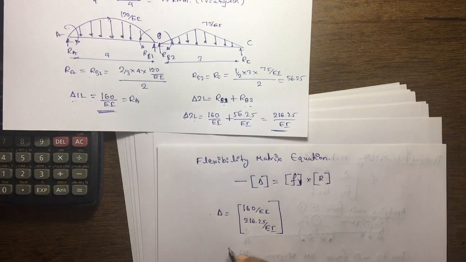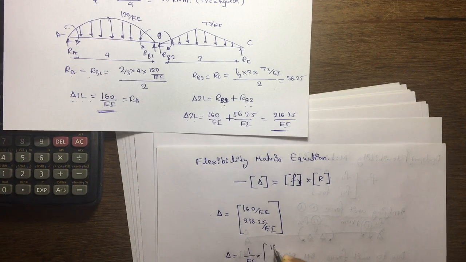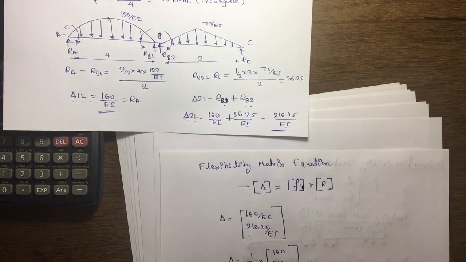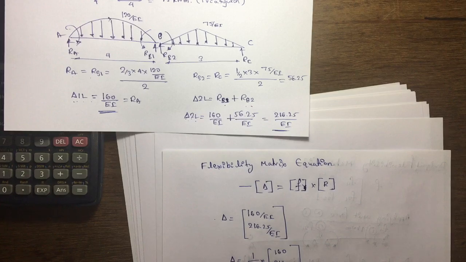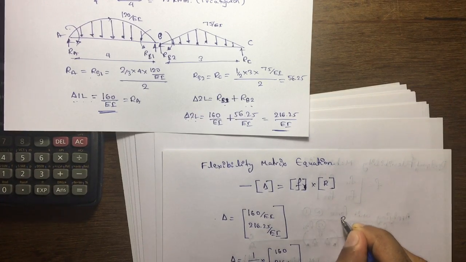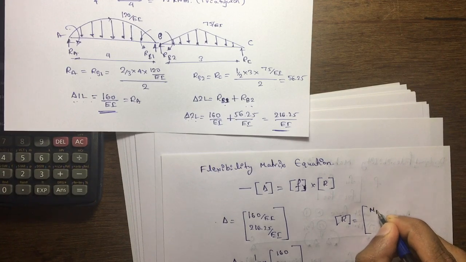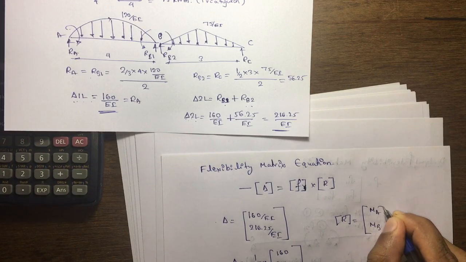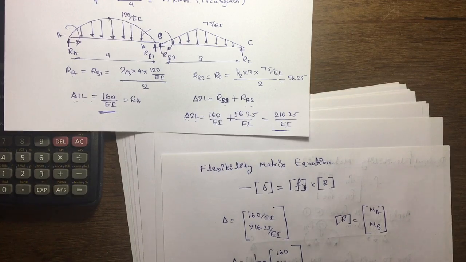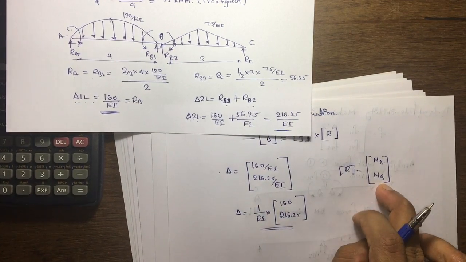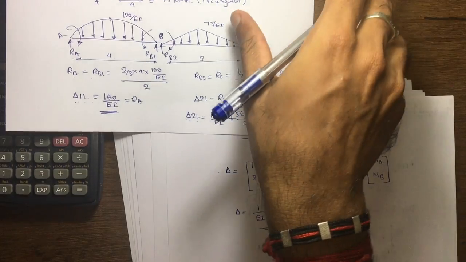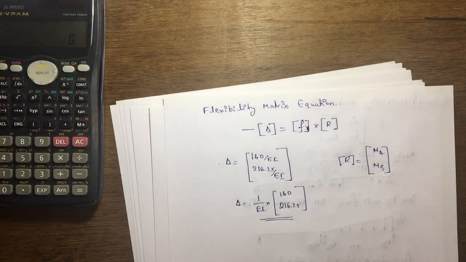Or else directly I will take 1 by EI into 160 and 216.25. This is our delta matrix, where the R matrix is our unknown, that is MA and MB are unknown for us. So I have to substitute all the values.